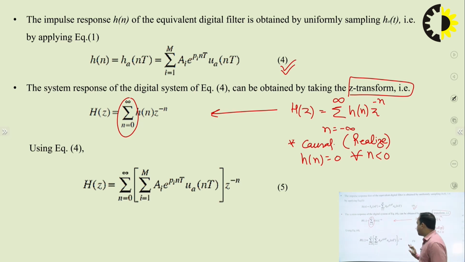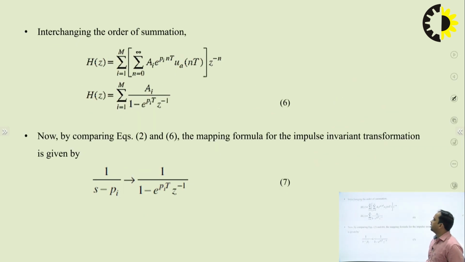You can see in equation number 5, how can we further solve this and obtain H(z)? We just swap these summations, and by moving them we have the summation from n equal to 0 to infinity of Ai e raised to power Pi nT u(nT) z raised to power minus n.